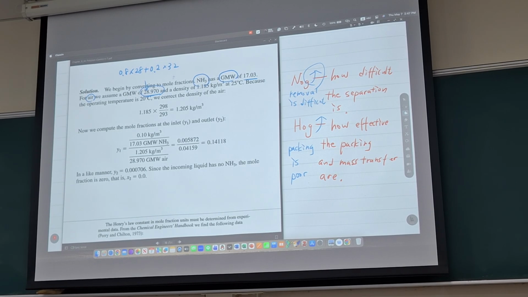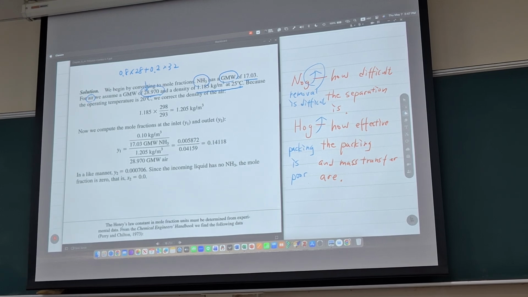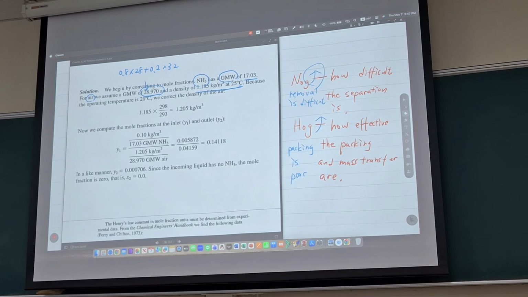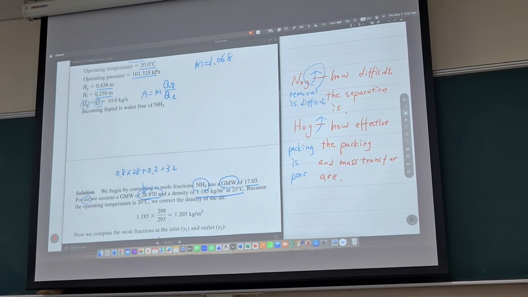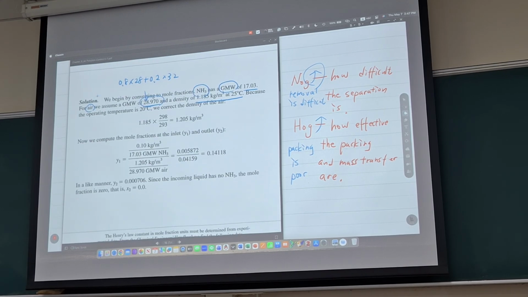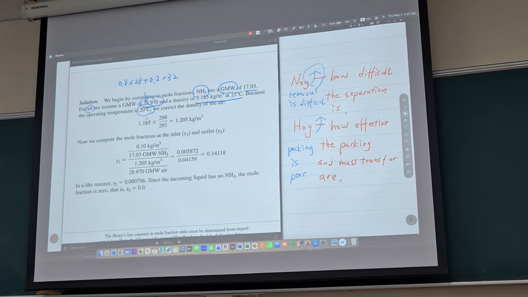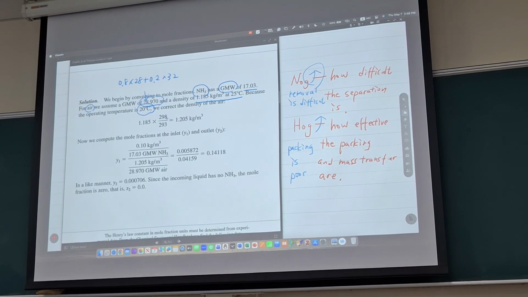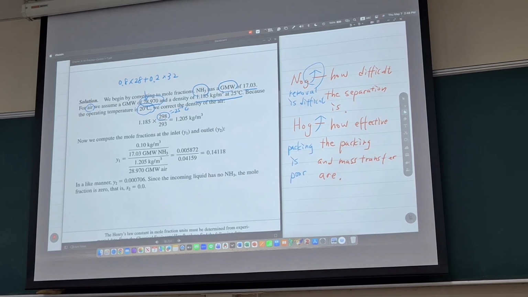The density is around this at 25 degrees Celsius, from the textbook. But the problem is the operating temperature is 20, so we need to do some correction.